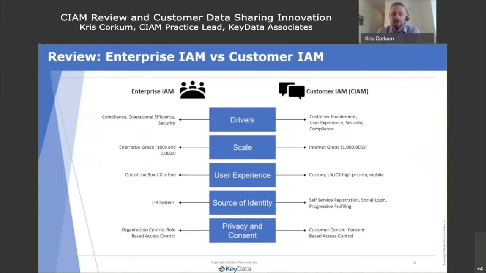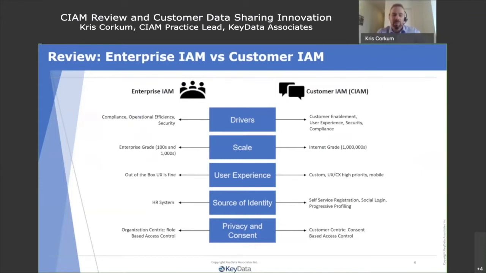So scale, user experience, and source of identity are also contrasted in the slide for you to see how much bigger CIAM is, how a much greater emphasis is placed on user or customer experience, and how users either create their own identities or bring their own, instead of being sourced from an HR system. Of particular relevance to our discussion today is the last item, privacy and consent.